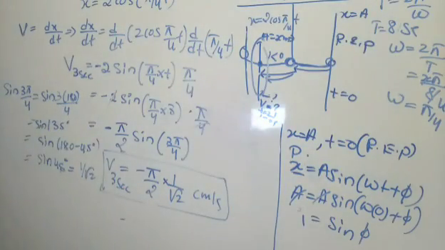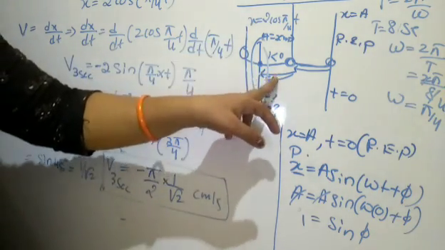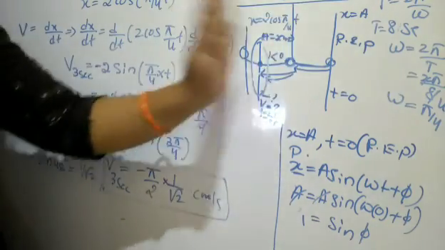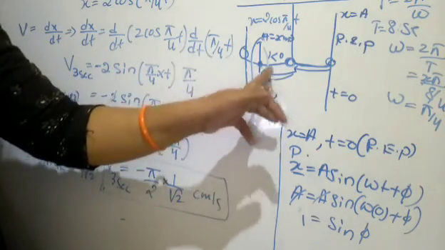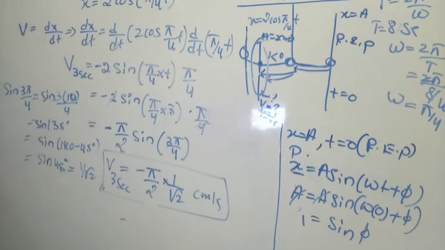So this is about the velocity: when t is equal to 2 it is pi by 2 centimeter per second, negative indicates it is moving in the negative direction, and for 3 seconds it is showing pi by 2 of 1 by root 2 centimeter per second. So this is the solution to this problem.